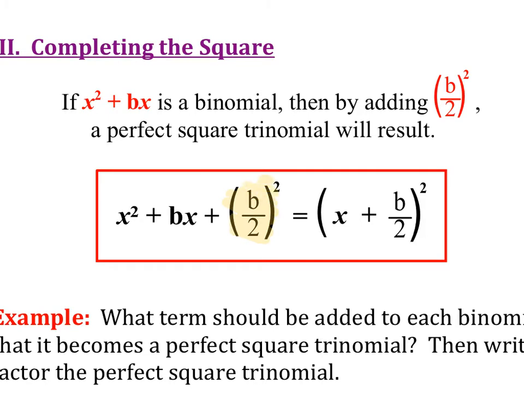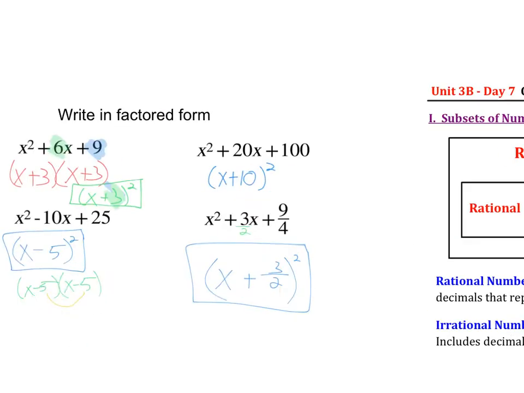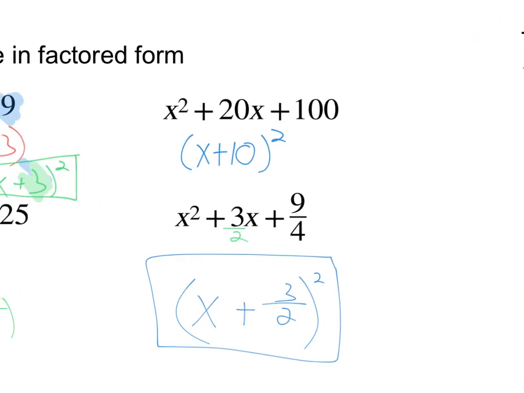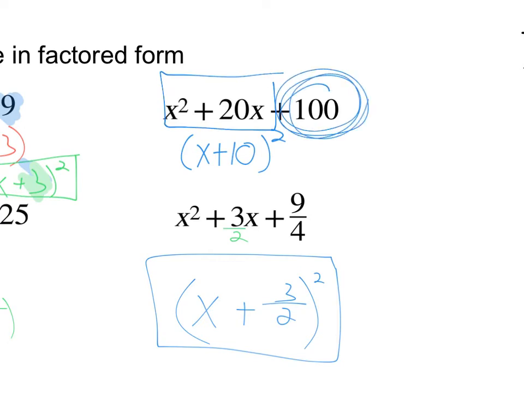What do I want to have as that c value in order to give me permission to write it as a perfect square factored trinomial? Essentially, what we're doing is these problems that we started off with, we're going to be given the first two terms, and then we're going to say, what do we need to be here in order for us to factor? So that's what's going to happen here.